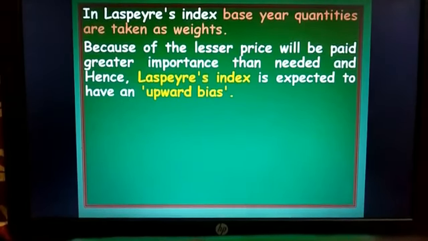In terms of the current year, by comparison, much more importance will be given. That's why we have an upward bias in Laspeyres' index. Hope you are getting my point, students. That's why Laspeyres' index number is expected to have an upward bias.